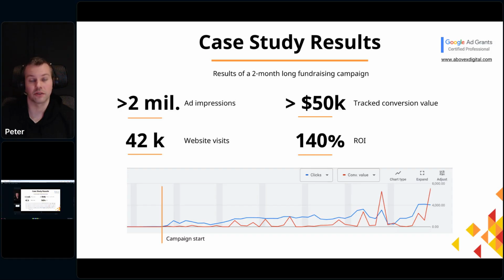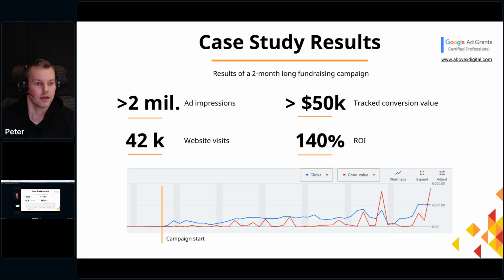And because they had value-based conversion tracking in place, we were able to track and attribute those conversions precisely. They generated more than 50K in donations from this commercial campaign that lasted for 2 months. And the ROI on that, which was the ultimate metric, was roughly 140%.